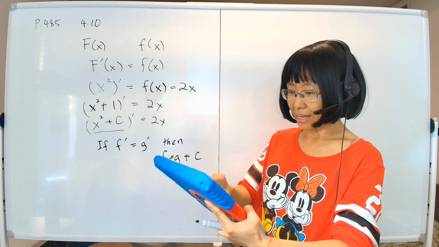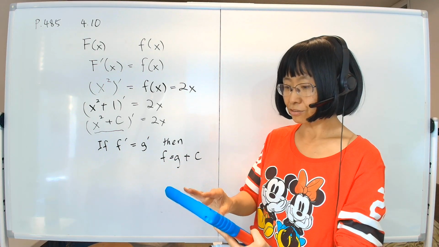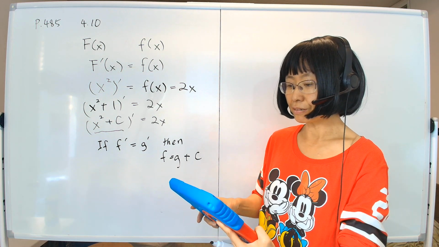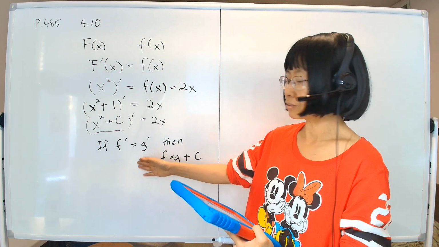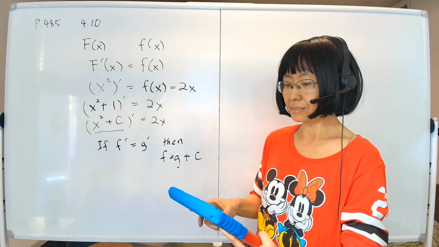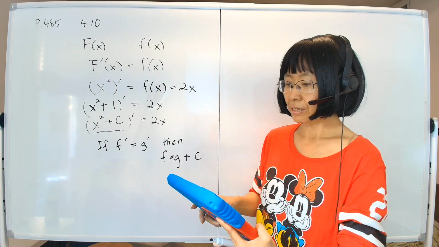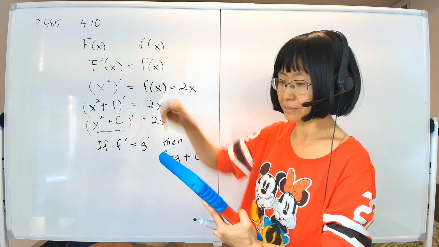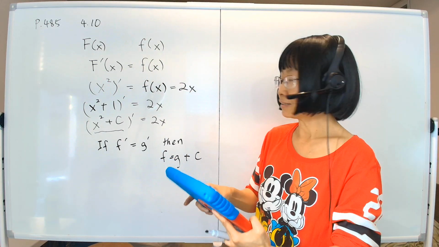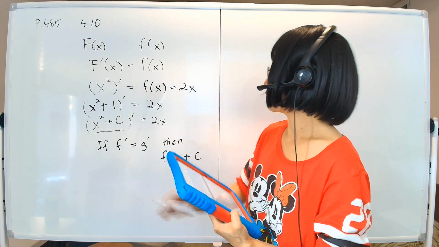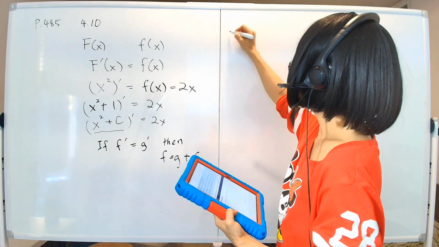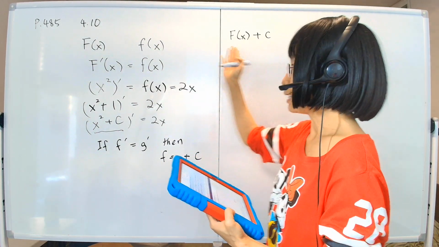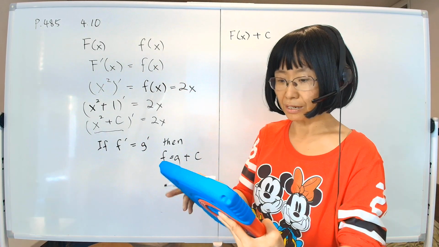So having said that, let's turn the page to page 486, where Theorem 4.14, which is a repeat of Corollary 2, says that if big F is an antiderivative of the small f, like we said, then big F plus some constant is also an antiderivative of the small f.